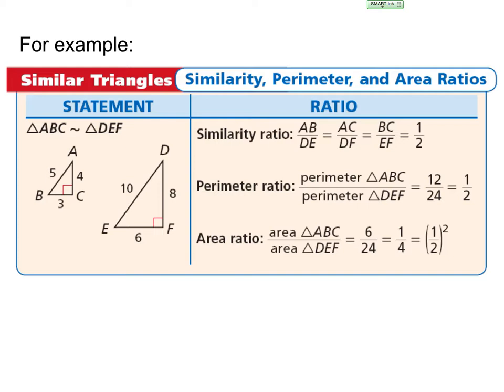There are some ways you can think about why that area ratio is squared. If you simply think about what kind of units there are on areas as opposed to perimeters or circumferences, the units on area are square units. So it takes a length and a width to create an area.